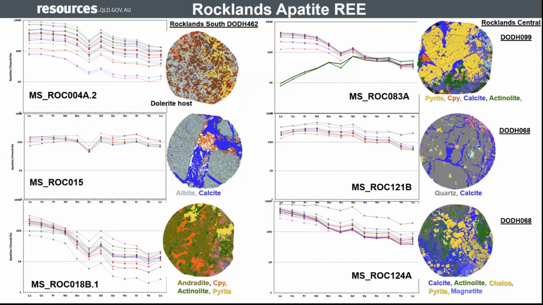So here I just wanted to emphasize, we see in apatite from dolerite, we see rare earth element patterns very similar to apatites from igneous rocks. But in contrast, if you look at apatite associated with or within the garnet, you can see quite significant depletion in heavy rare earths, because we're competing with garnet for heavy rare earths, and obviously apatite is losing this competition.